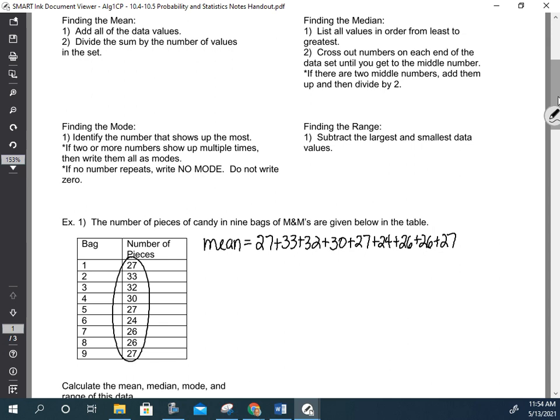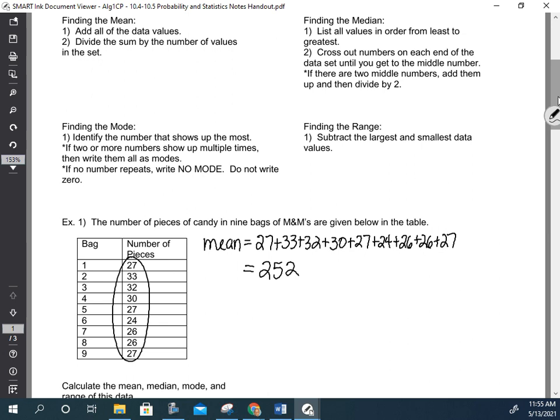So, what do we get when we add those up? Here's 252. So you add them all up, and then you divide by the number of values you have.